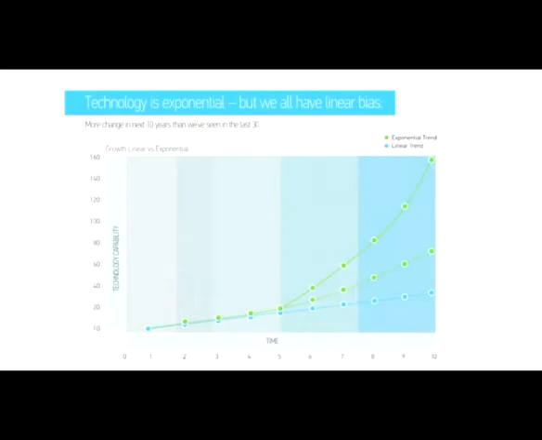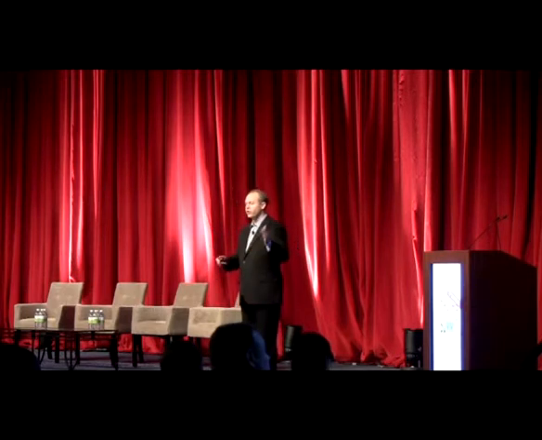Now, if you want to project out the second half of the graph, where the line is going to land, it's pretty easy. You just follow the line straight forward. The curve, on the other hand, trying to figure out where that will land is a little harder. So typically, when we think about this, we expect the line to land there and the curve to maybe land there. And certainly, there's a significant difference between those two trends.